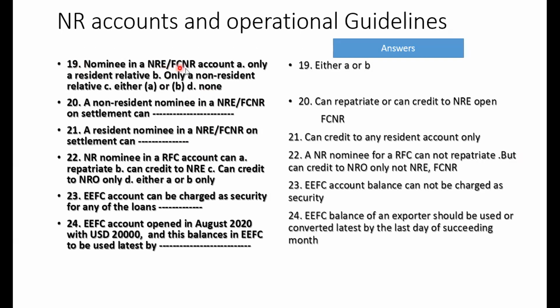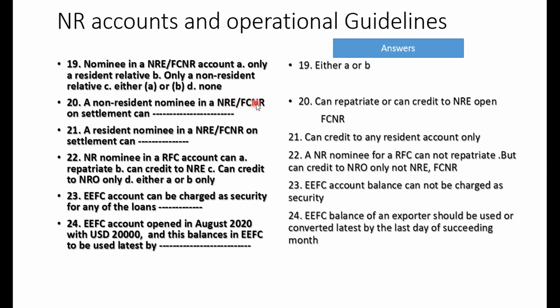Nominee in an NRE or FCNR account can be a resident or a non-resident. I think all of you know that. Then the 20th one: a non-resident nominee, but the account is NRE or FCNR. NRE and FCNR mean dollar, forex. Though it is in rupee, it is as good as dollar; it can be converted anytime.